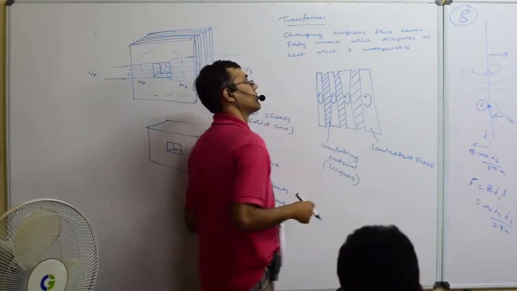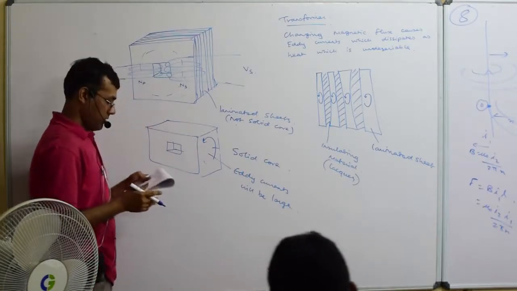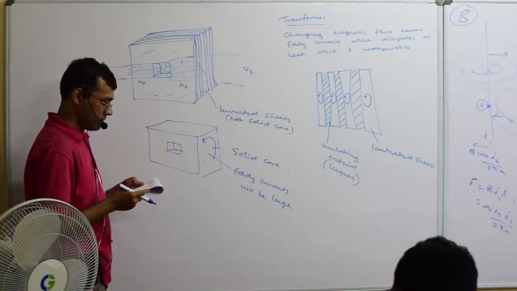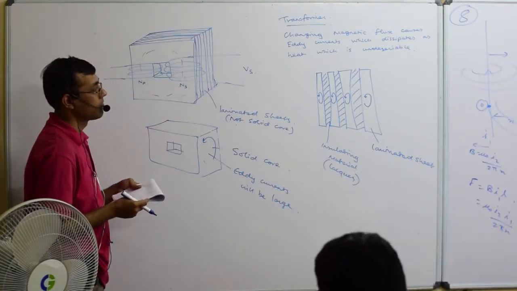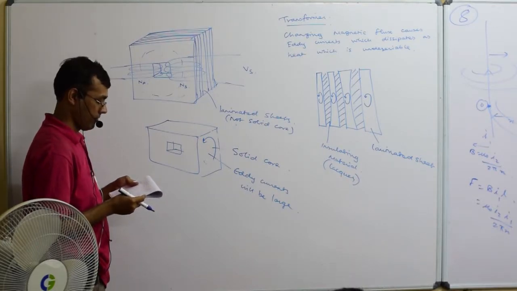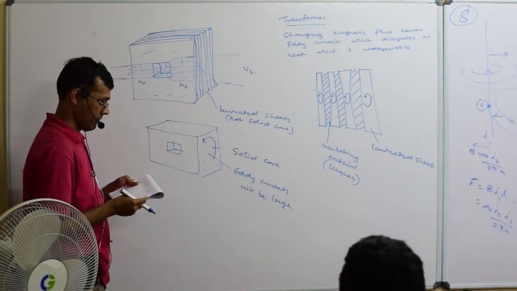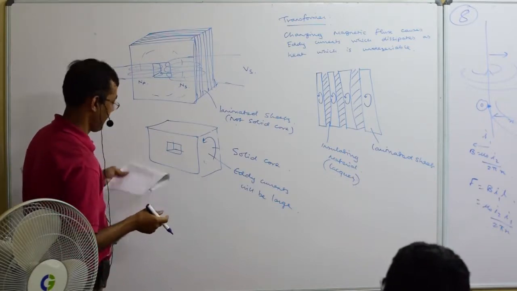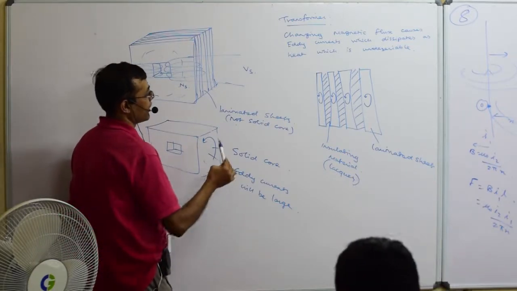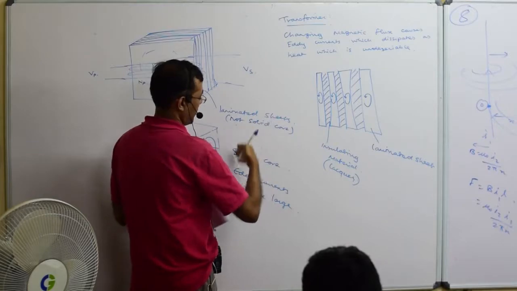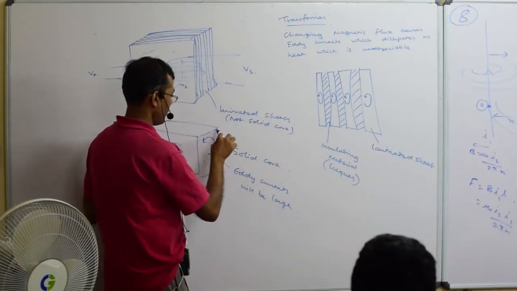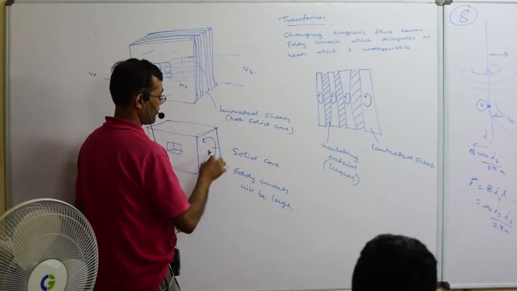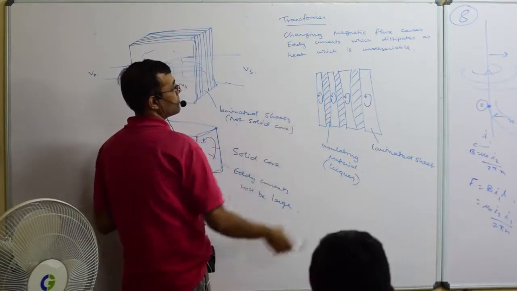So something like this. You have to take down this and this next to each other. This is for the solid core and I am showing the side view. This is again the side view.